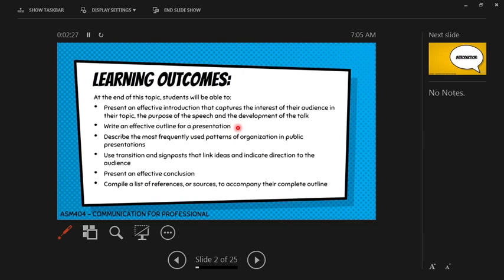Kemudian kita nak tengok apa itu transition dan signpost. Kemudian kita nak tengok juga how to make an effective conclusion, kesimpulan dalam presentation kita. Dan last sekali kita nak tengok macam mana kita nak compile references, sources, iaitu bahan-bahan rujukan atau sumber yang kita perolehi untuk kita punya presentation nanti. Okey?